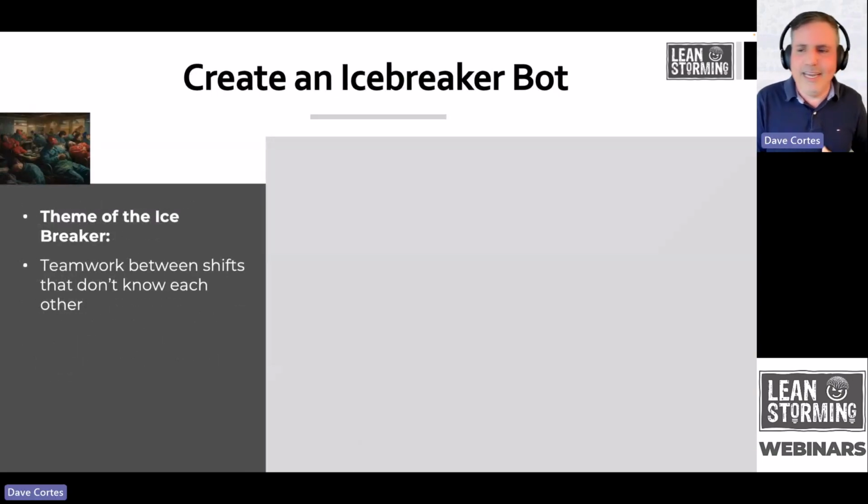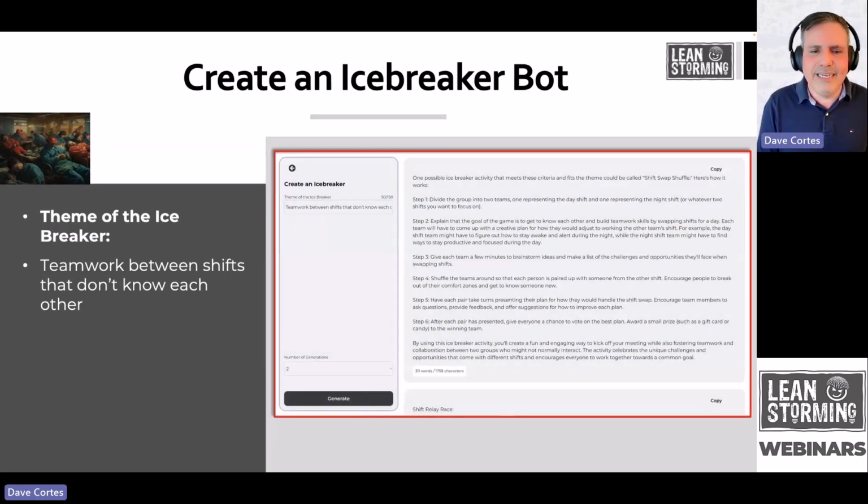So this is the icebreaker I share. Let's say that the theme of the icebreaker is teamwork between shifts that don't know each other. So you're doing that to start up, let's say, a Kaizen week. And again, you write here whatever you want. You put the number of generations. In this case, I put 2. So it will give you a couple of ideas.